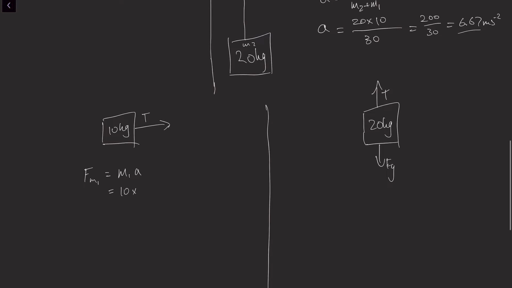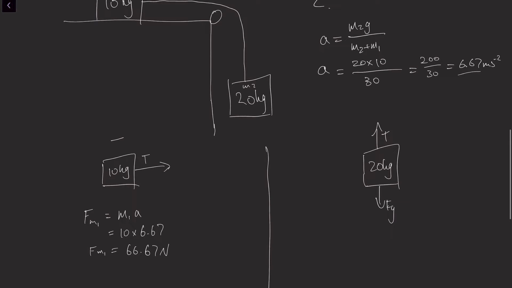We know what the acceleration is, 6.67. Again, when we actually put it in the calculator, it's going to be 6.66666. And we get 66.67 newtons. This is the net force that this block feels to the right-hand side.